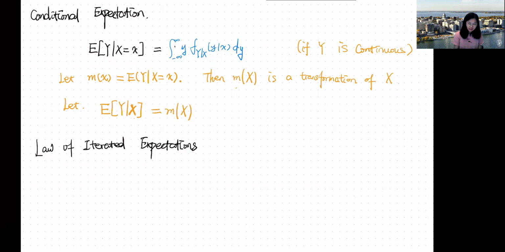That's how we understand this notation to be a random variable; that is, it is a transformation of X. And since it is a random variable, it possesses a distribution, and it also has expectations. So we can take an expectation of this random variable.